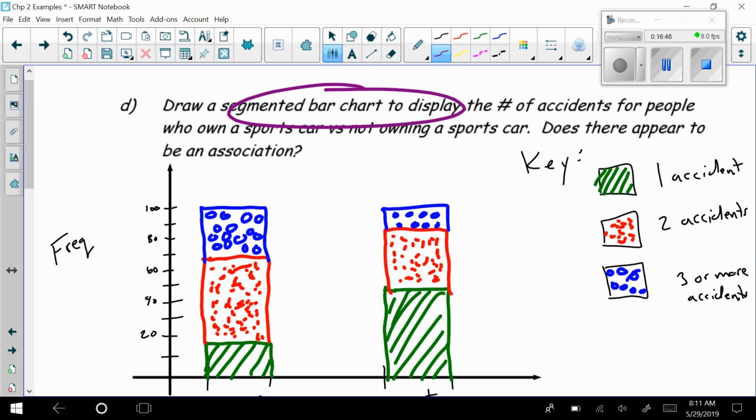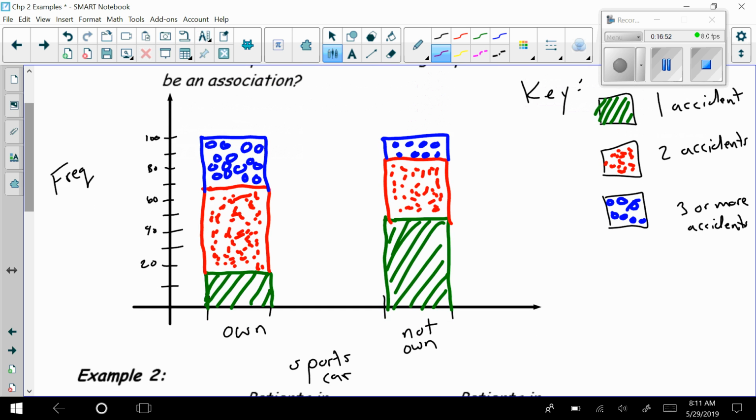Now the reason we create these is because we can answer this question here: does there appear to be an association? Basically what we're looking at is, do these sections look like they line up? Like these lines where they split, do they appear to be pretty close to where these ones split? Such as this one here and this one here. Do those lines look to be pretty close?